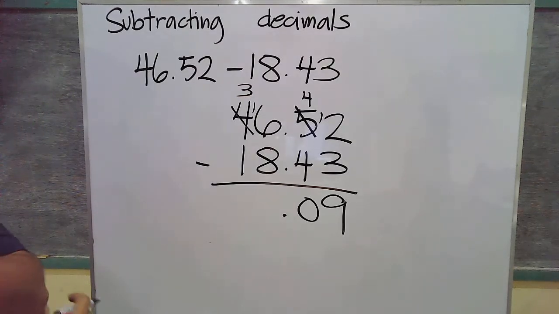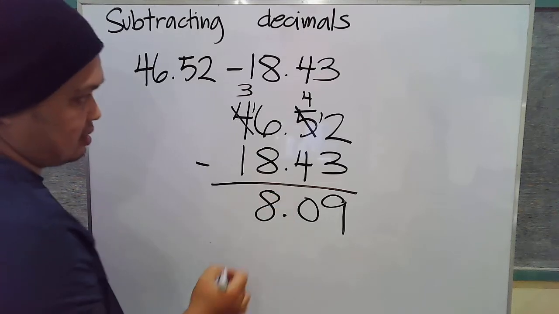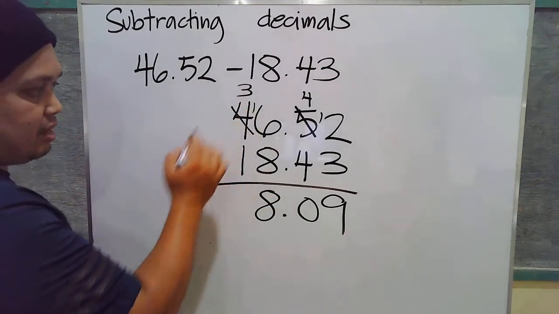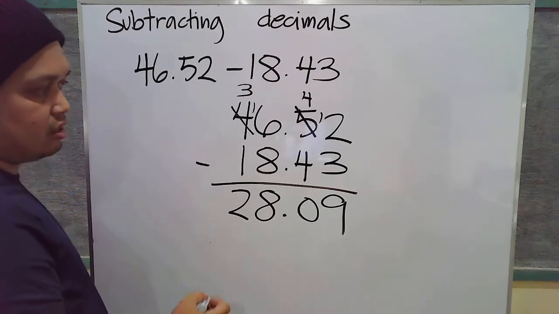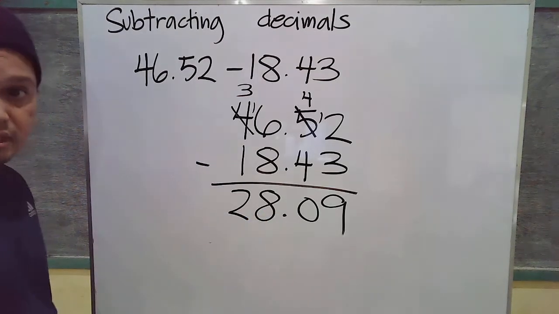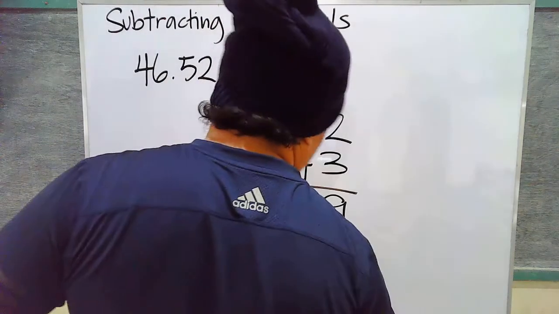So we can subtract. 16 minus 8 is 8. Then 3 minus 1. So for our answer, that's 28.08. Let's have some more examples.